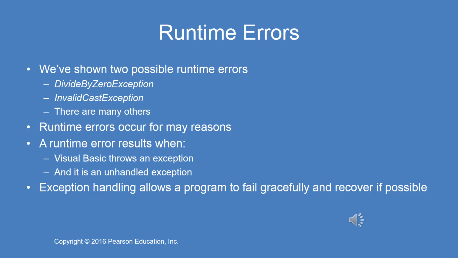We have to talk about exception handling that a programmer, you the programmer, needs to build into your program, so it allows a program to fail, I love this, fail gracefully and recover if possible. In other words, to handle the error or the exception, and in most cases provide a recovery and some sort of notification to the user that an exception has occurred.